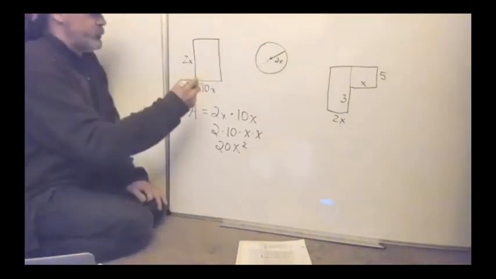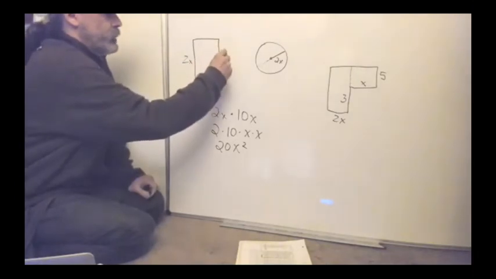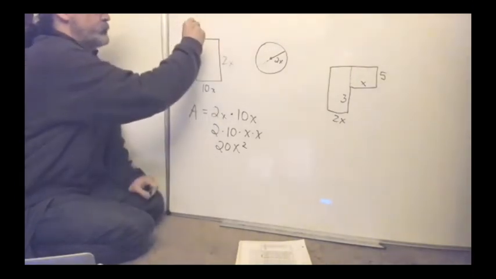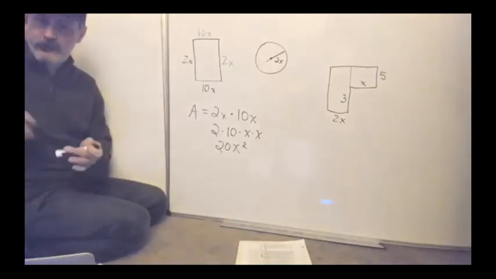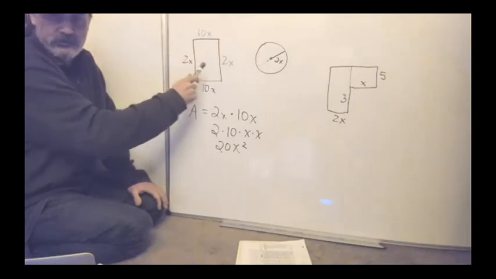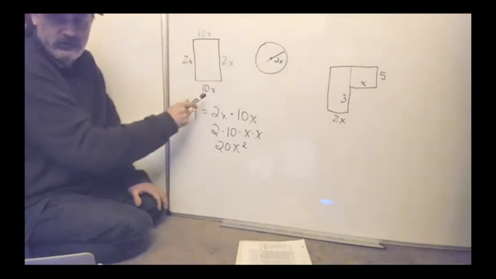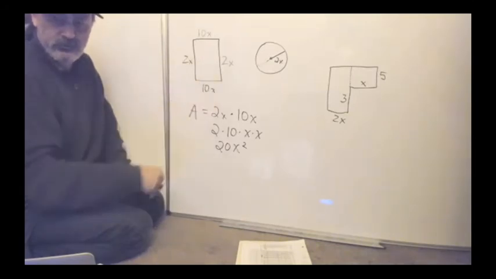All right, now the perimeter. Well, the perimeter involves adding up all the sides. So remember, opposite sides of the rectangle are the same. So just like what we did yesterday, we added up all the sides. Okay, so you got 2x's, 2x's, 10x's, 10x's. So 10 plus 10 is 20. 2 plus 2 is 4.